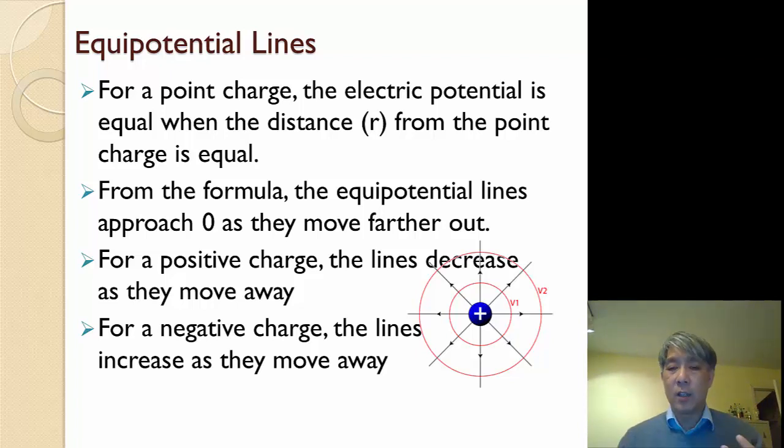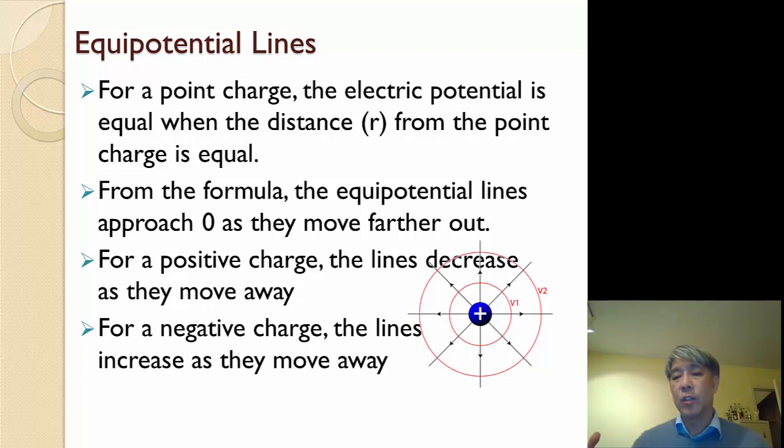In this picture, that looks like, I don't know, a target or something like that, I have these concentric rings, and these rings are at the same potential. So everywhere on V1 has the same potential. V2, everywhere on that red circle has the same potential. V1 and V2 are different, but everywhere along each line the potential is the same. That's what we call equipotential lines. And they basically approach 0 as I move farther away.